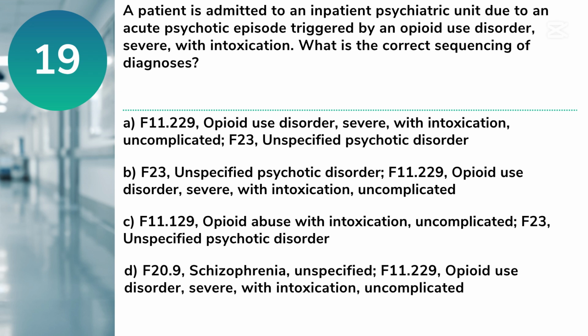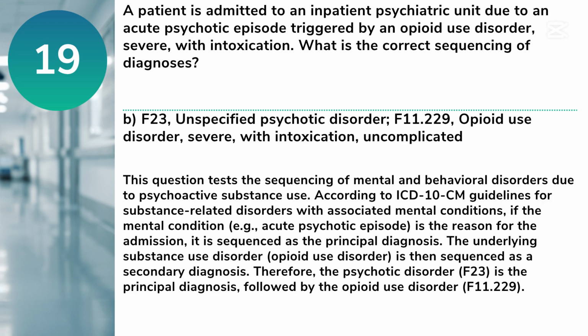B. F23, unspecified psychotic disorder, F11.229, opioid use disorder, severe, with intoxication, uncomplicated. C. F11.129, opioid abuse with intoxication, uncomplicated, F23, unspecified psychotic disorder. D. F20.9, schizophrenia, unspecified, F11.229, opioid use disorder, severe, with intoxication, uncomplicated.